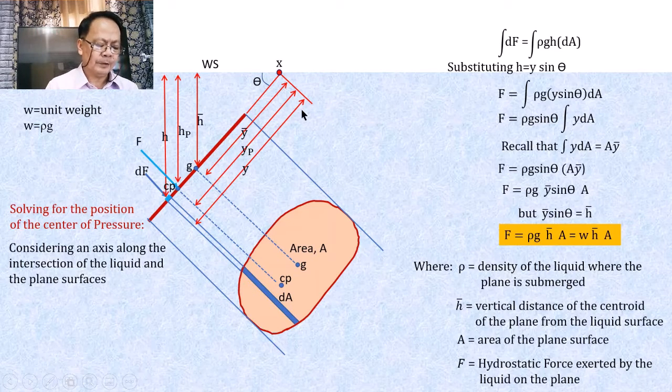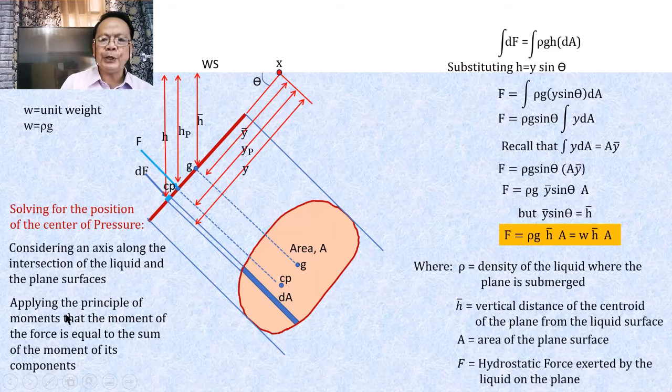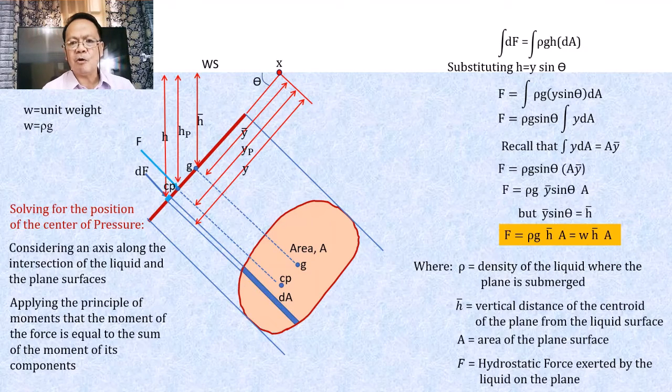Now, sabi dito, if you're going to apply the principle of moments, maybe you can still recall the principle of moments. That says that the moment of the force is equal to the sum of the moments of its components. Hence, if this will be applied to these forces, we have the total force F, whose moment arm is defined by y sub P, and we have the individual forces defined by dF, whose moment arm is equal to y.